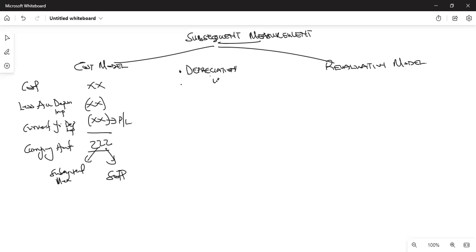Now, the standard gives recognition to only 3 methods of depreciation. We talk about the straight line method, and I know you know the straight line method. The straight line method is saying you need the cost minus scrap value all over the useful life.